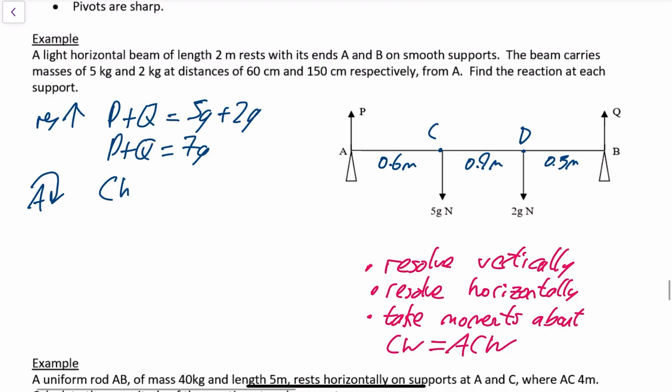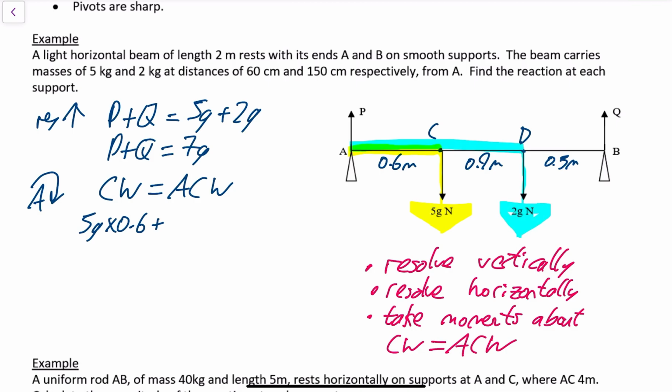Okay? And then what this means is take moments about A, and I'm going to say clockwise equals anti-clockwise. So a moment is a force times its perpendicular distance from the point. So the clockwise ones: this one is going clockwise, so that would be 5G times 0.6. I have another clockwise one, this one in this funny blue color going this way, and it is 2G times 1.5.